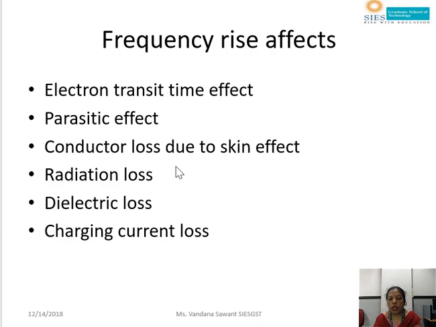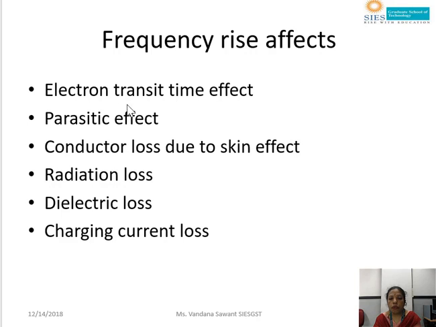So for conductor loss, the penetration of the signal takes place through the skin effect. Then there are the radiation loss, dielectric loss and charging current loss. These are the limitations for high frequency, along with the electron transit time effect and the parasitic effect.